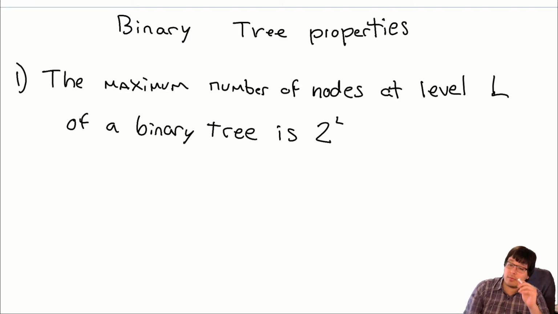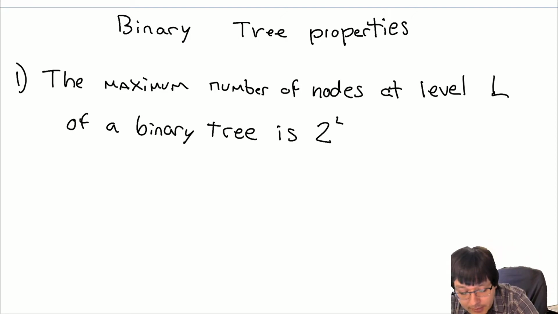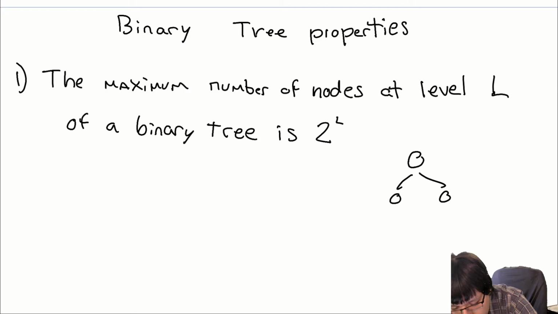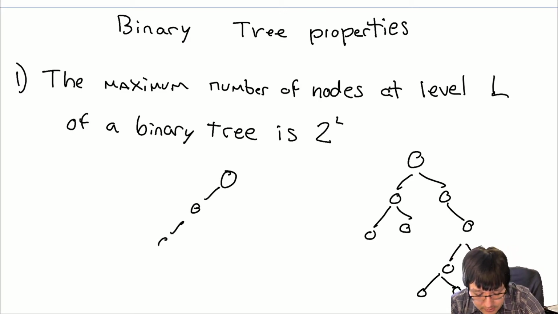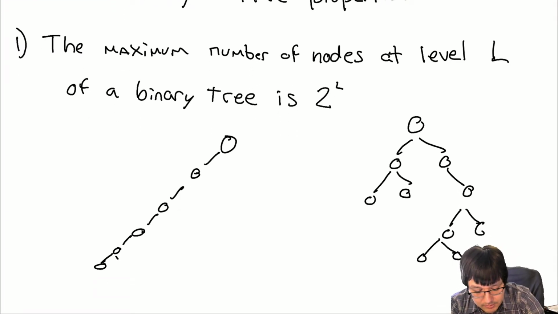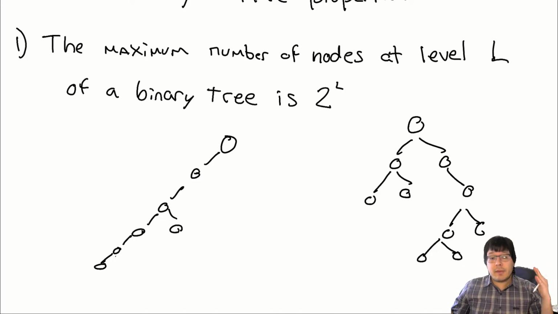So first of all, what is a level? If I'm looking at a binary tree, which can have up to 2 children, but doesn't have to. And by the way, technically speaking, both of these are binary trees.